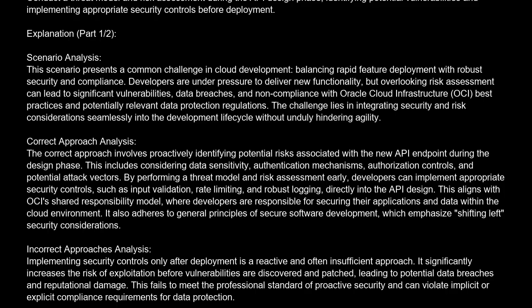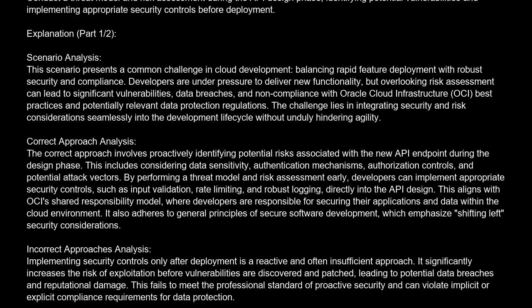Correct approach analysis. The correct approach involves proactively identifying potential risks associated with the new API endpoint during the design phase. This includes considering data sensitivity, authentication mechanisms, authorization controls, and potential attack vectors.